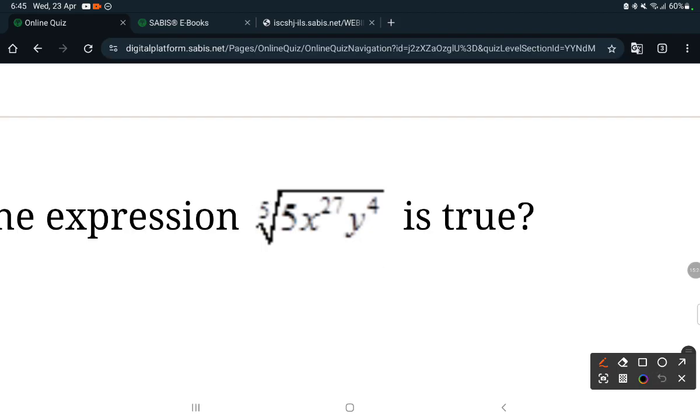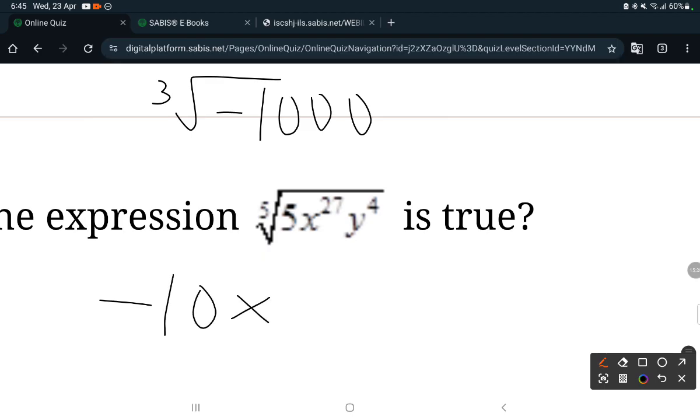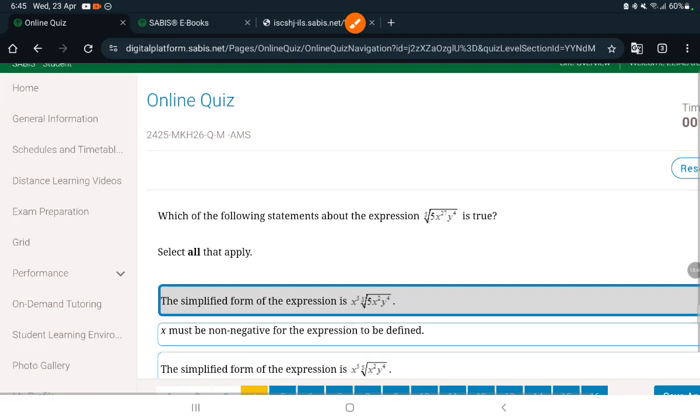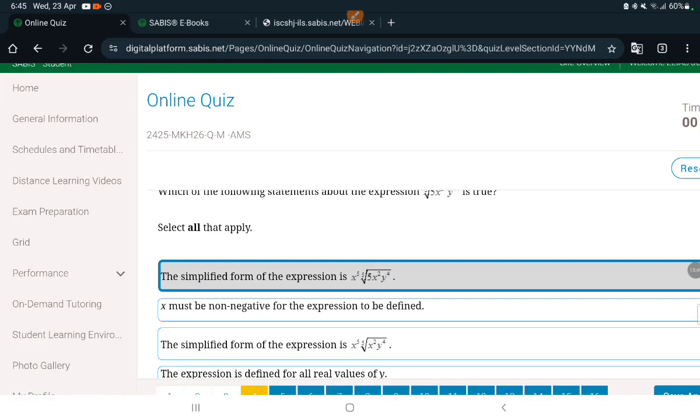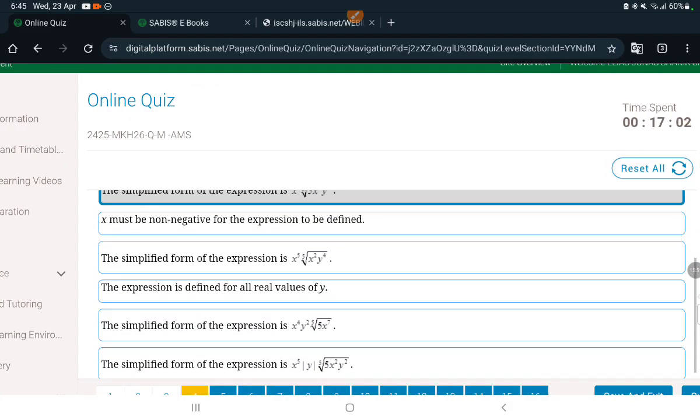Let's say you had negative 1000, which is just negative 10 multiplied by negative 10 multiplied by negative 10. That equals negative 1000. So if it's an odd index, it doesn't matter if the number inside the radical is negative. There is a solution to that. So no, x doesn't have to be non-negative.